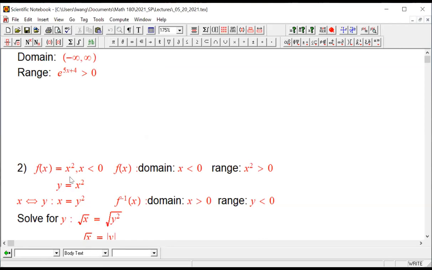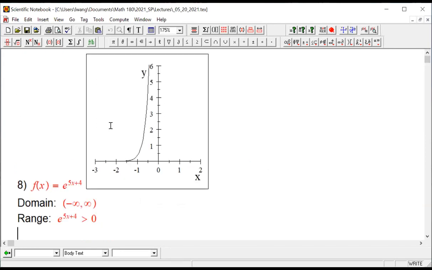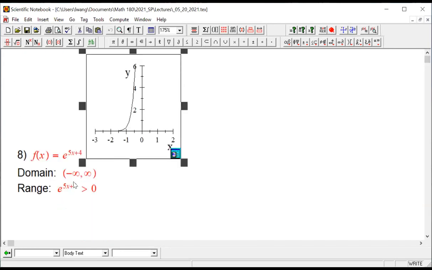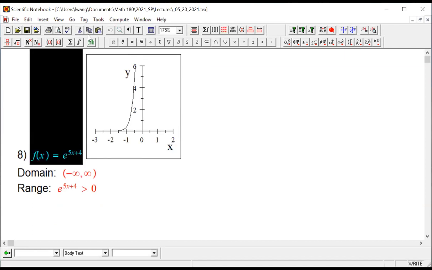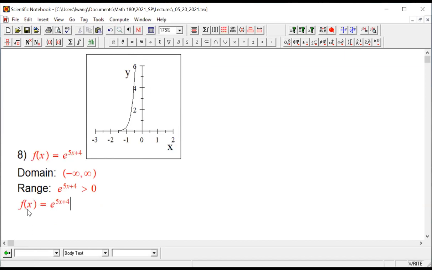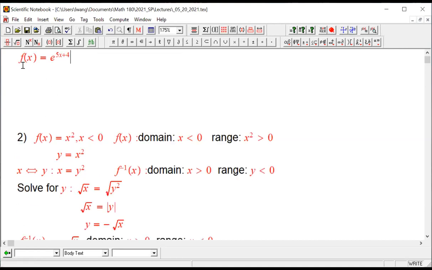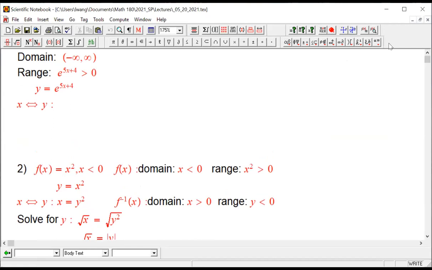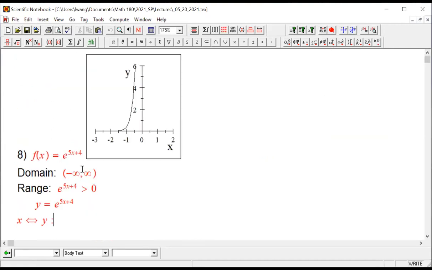Now, let's proceed to find the inverse. We're going to assume this is y, and swap x and y. We know the domain and range for the given function.